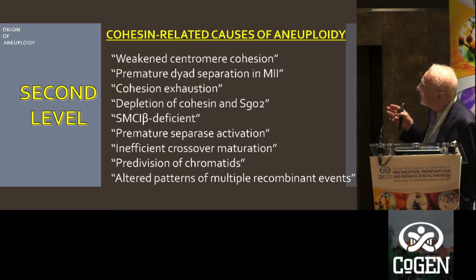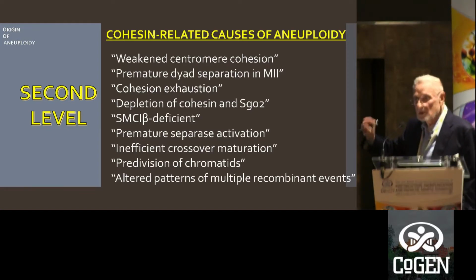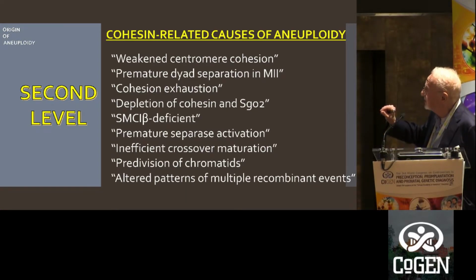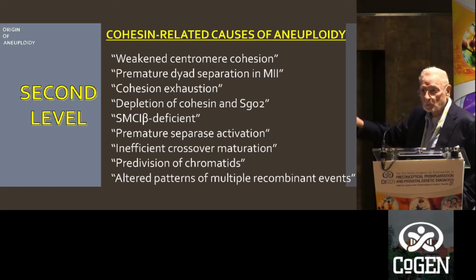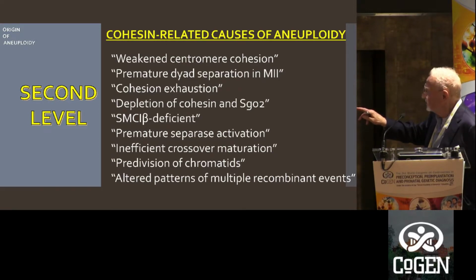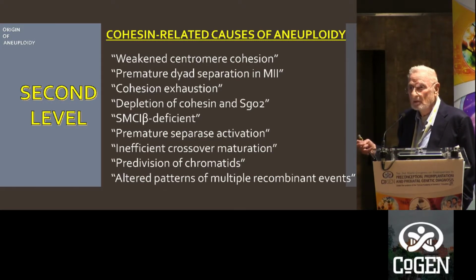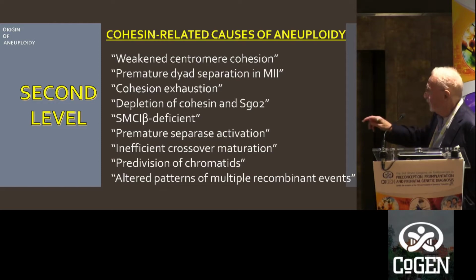In light of the cohesion-related causes of aneuploidy: weakened centromere cohesion, premature dyad separation in meiosis II, that's early separation of the chromosomes in meiosis II, exhaustion of cohesion, depletion of cohesion, SMC1 beta deficiency, which is another component of the ring of cohesion, premature separase activation, which is responsible for maintaining the ring of cohesion.